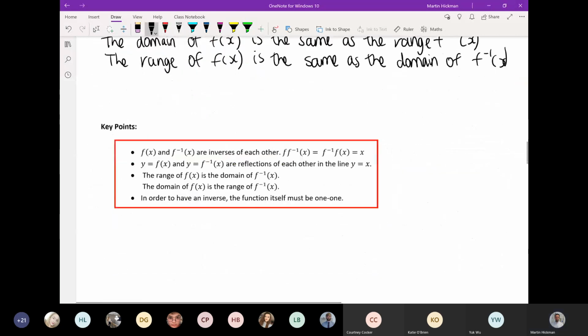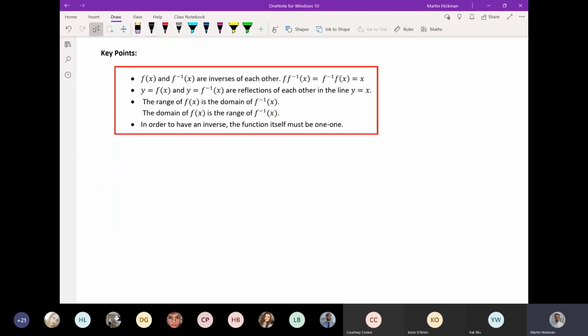Okay, so with these key points, there's a lot going on here, and we'll go through each one individually. So f of x and f to the minus 1 x are inverses of each other. What this means is if we work out f of f to the minus 1 x or f to the minus 1 of f of x, we'll always get x. So if I take, for example, f of x is e to the x, then its inverse is natural log of x. e to the x and natural log of x are inverses.